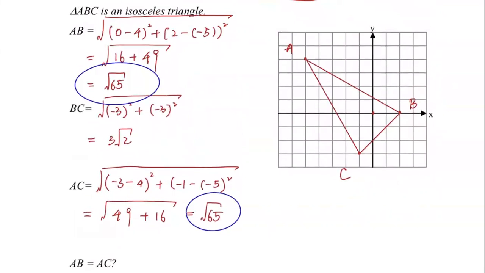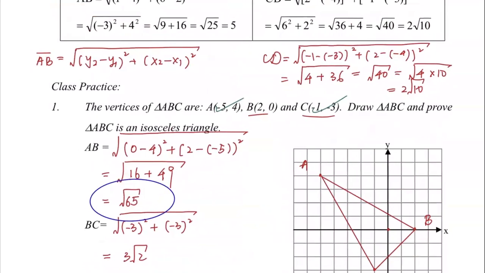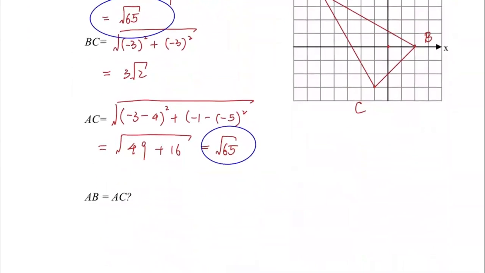So we used the formula that we learned in this class, and we found the lengths of AB and AC to prove that AB and AC are equal. So the answer is yes.